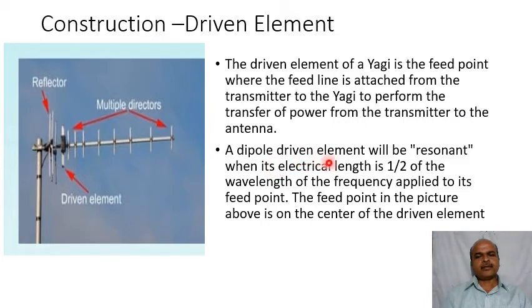The dipole driven element will be resonant when its electrical length is half of the wavelength of the frequency applied to its feed point. The feed point in the picture above is at the center of the driven element. So this is a feed point, and this is a driven element as shown in this figure.